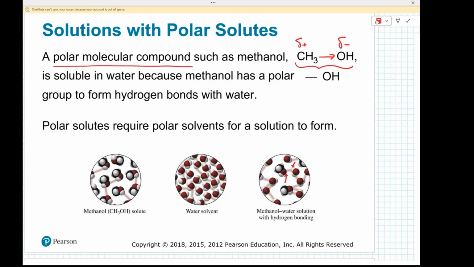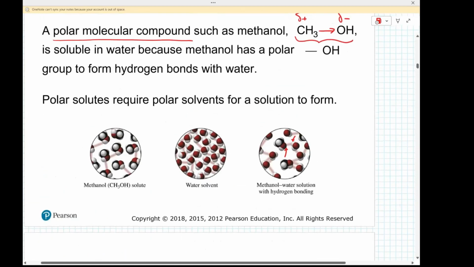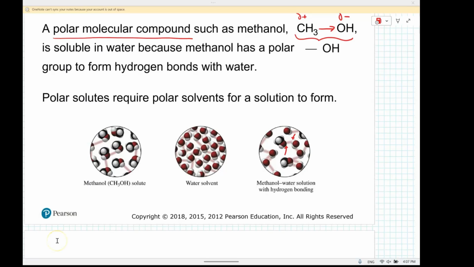So vodka is a solution of ethanol in water. That's it. Nothing else. Does that make sense? So this is polar solutes in polar solvents.